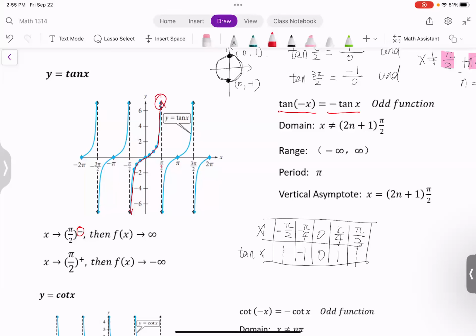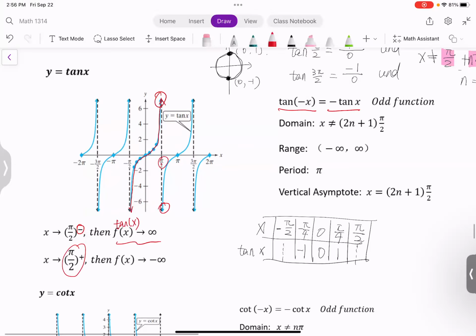You see, it goes all the way to infinity. So y's value approaches infinity, or tangent x approaches infinity. And if x approaches pi over 2 from the right side, y's value approaches negative infinity, or tangent x approaches negative infinity.